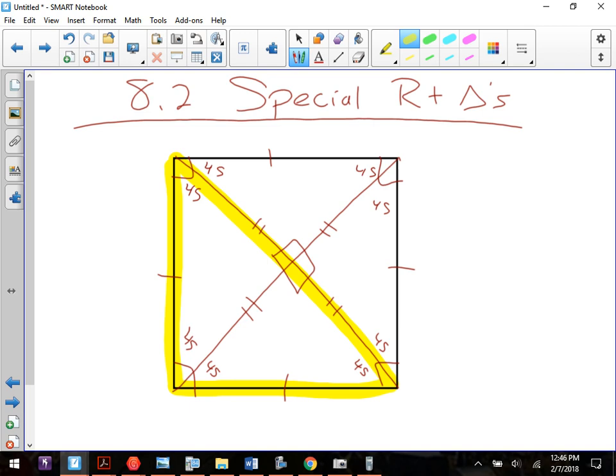This is an isosceles right triangle. You've got your two sides that are the same, and you've got your base angles that are the same. And then obviously within this square, you've got another one that matches it. You've got four smaller ones on the interior and so on. But I've always found that it's easier to mess with just one of them and then build out of it as opposed to trying to show it all at once. So I'm going to redraw just the singular right triangle.